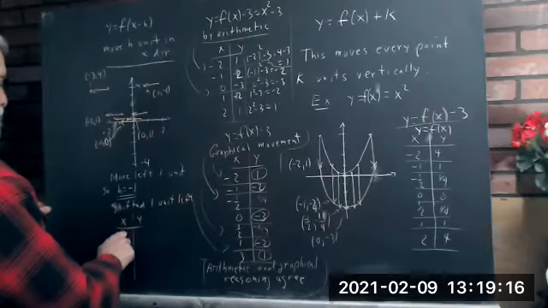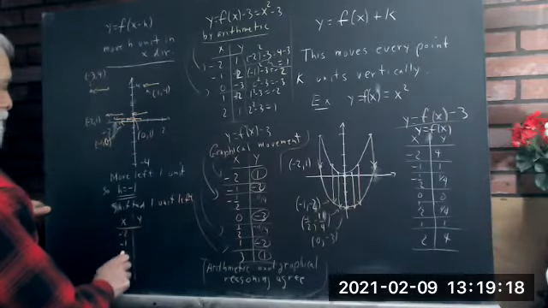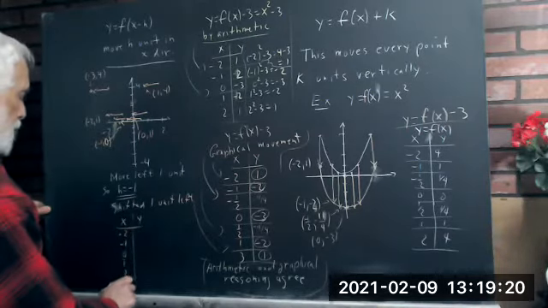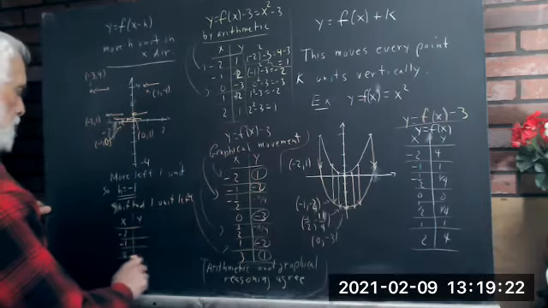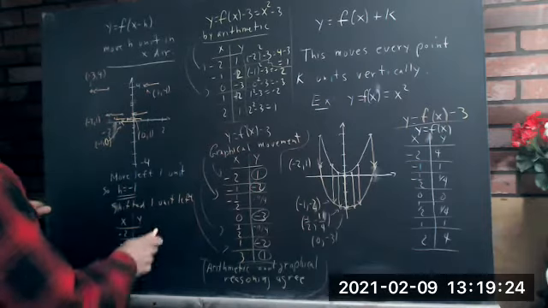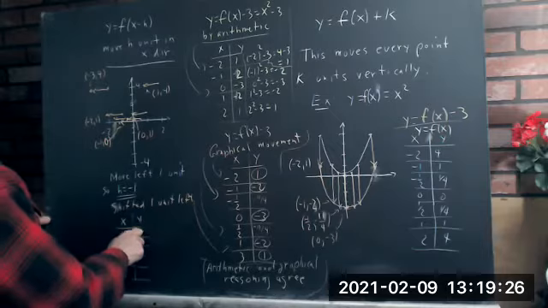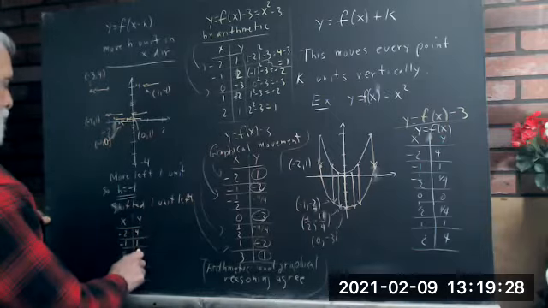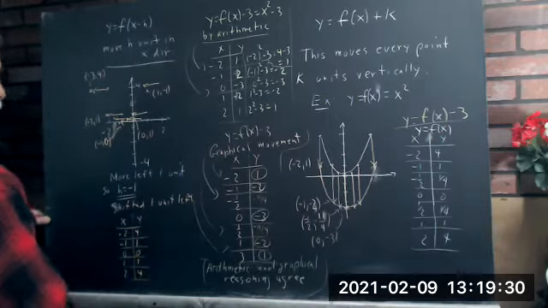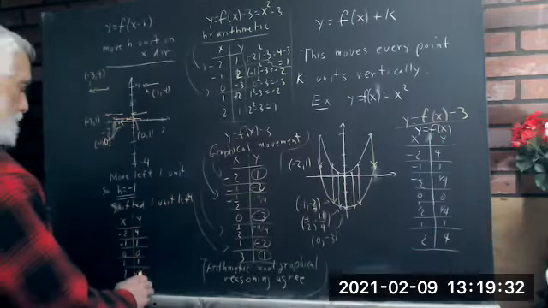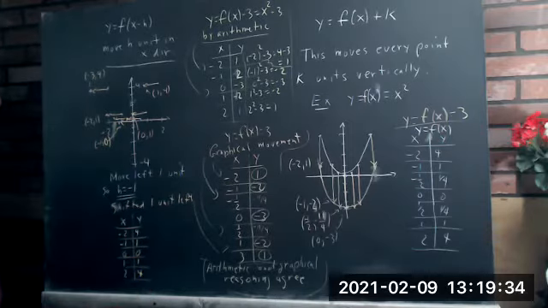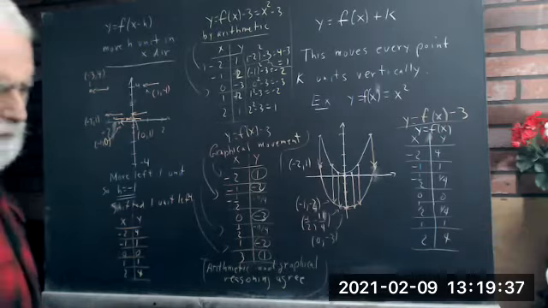I'm not going to bother with 1/2 and -1/2, although we could. Okay, we have 4, 1, 0, 1, 4. No, we don't.